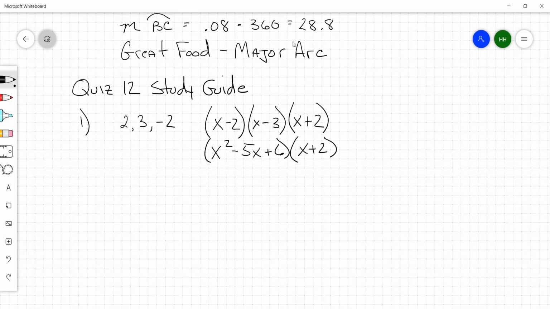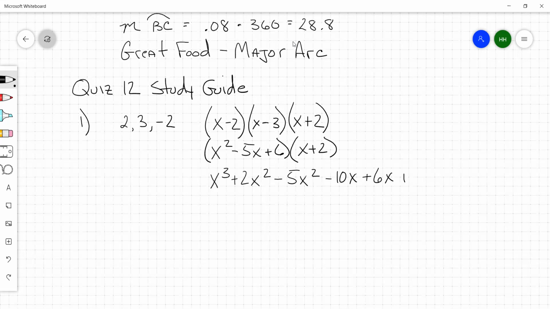X squared times x is x to the third. X squared times 2 is 2x squared. Negative 5x times x is negative 5x squared. Negative 5x times 2 is negative 10x. 6 times x is positive 6x.